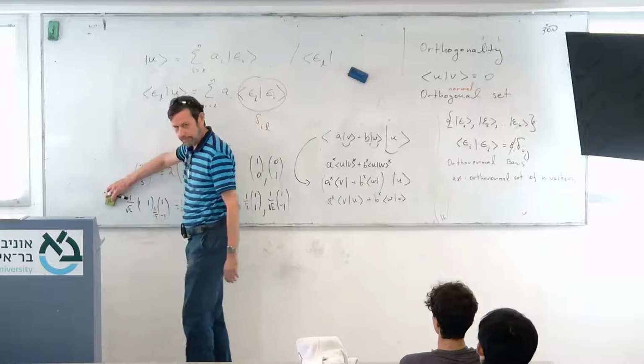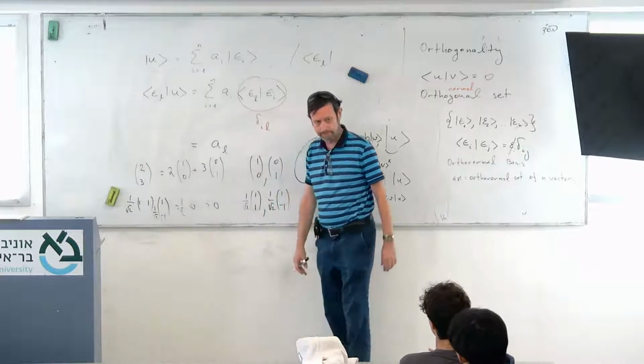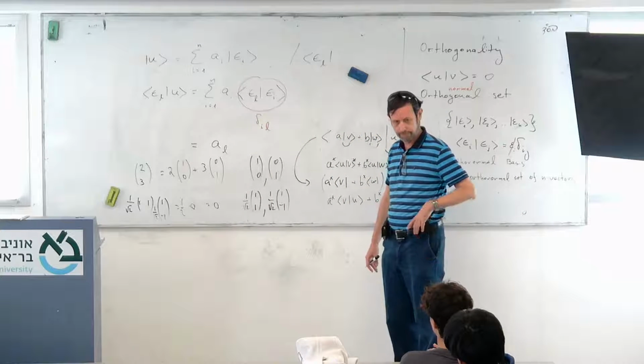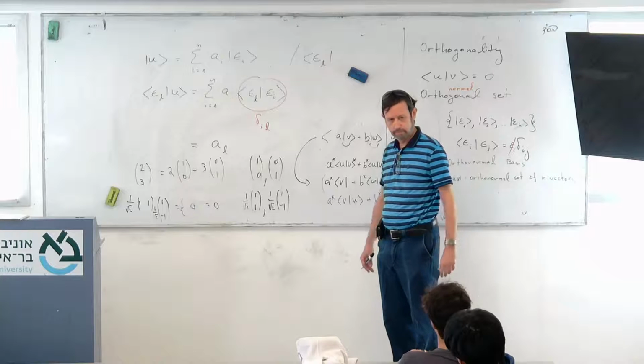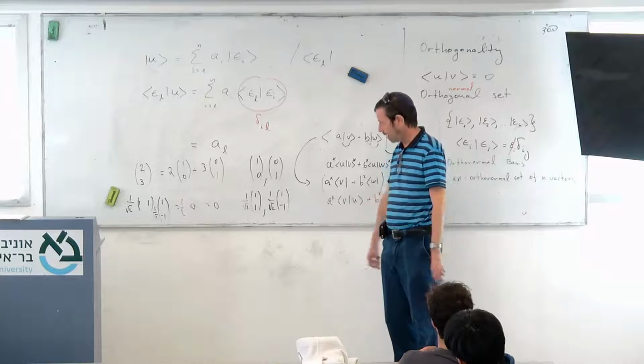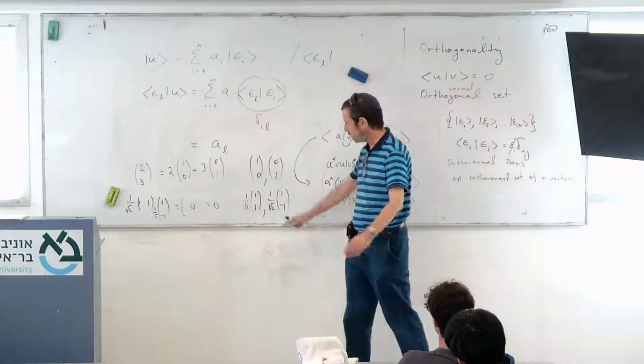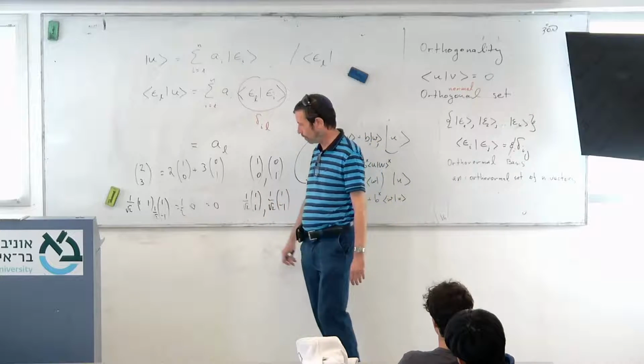To check orthonormality, don't we need to take the dot product of one vector with itself? Because if it's 0... Right, of course, that's 1 over square root of 2. Yeah, you are right.